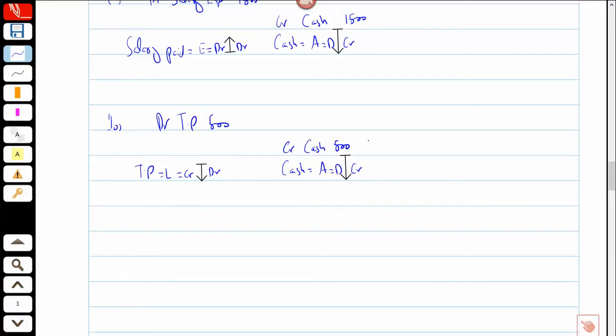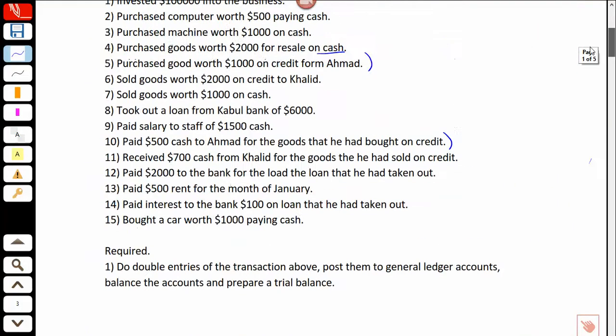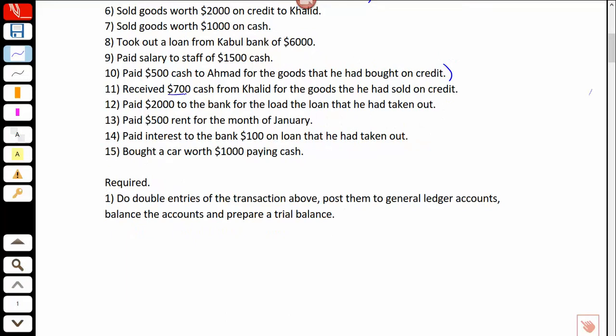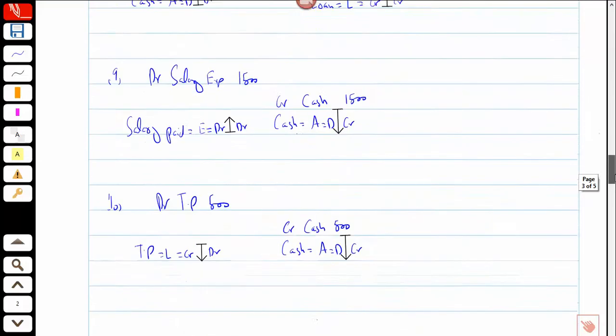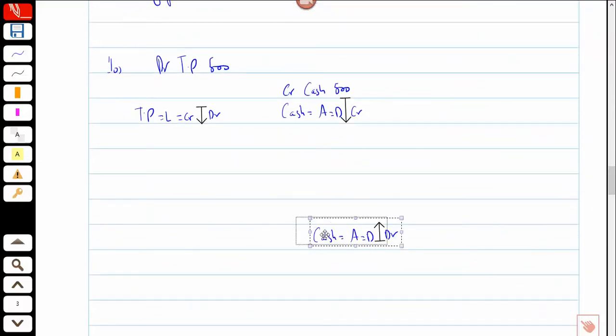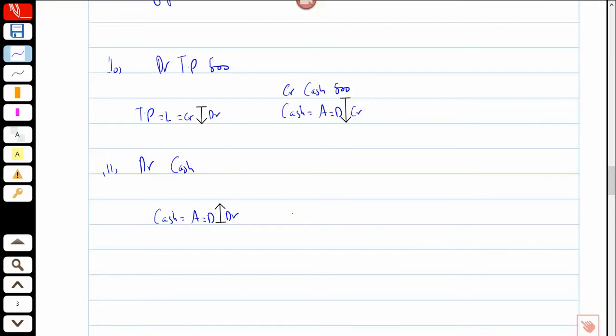Okay. Next, received 700 cash from Khalid for the goods that he had sold on credit. If you look at here, we sold goods to Khalid. In this scenario, we received money from Khalid. So it is this scenario. Okay, debit cash. So debit cash and trade receivable.